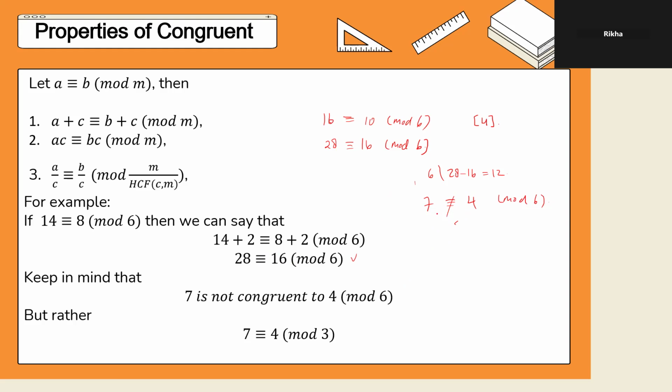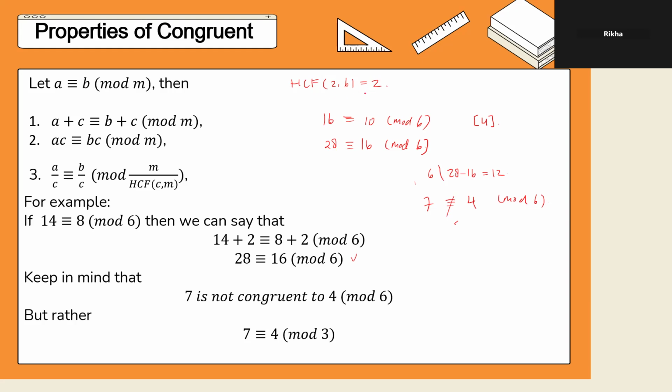So you cannot divide both by the same number and have them still be congruent, unless you divide with a number that is relatively prime with 6. Just now, what we did is that we divided both by 2. 2 and 6 are not relatively prime because the HCF of 2 and 6 is 2. The HCF of two relatively prime numbers is 1.